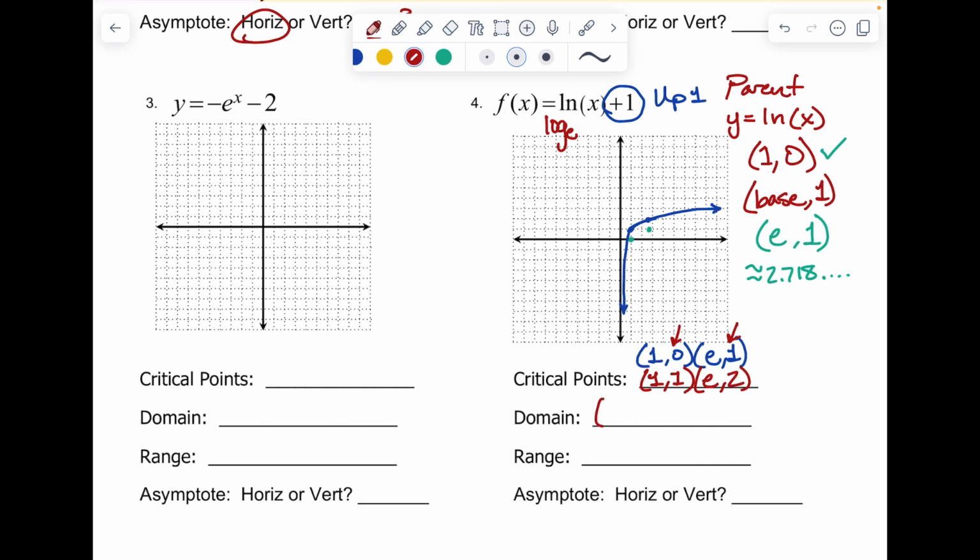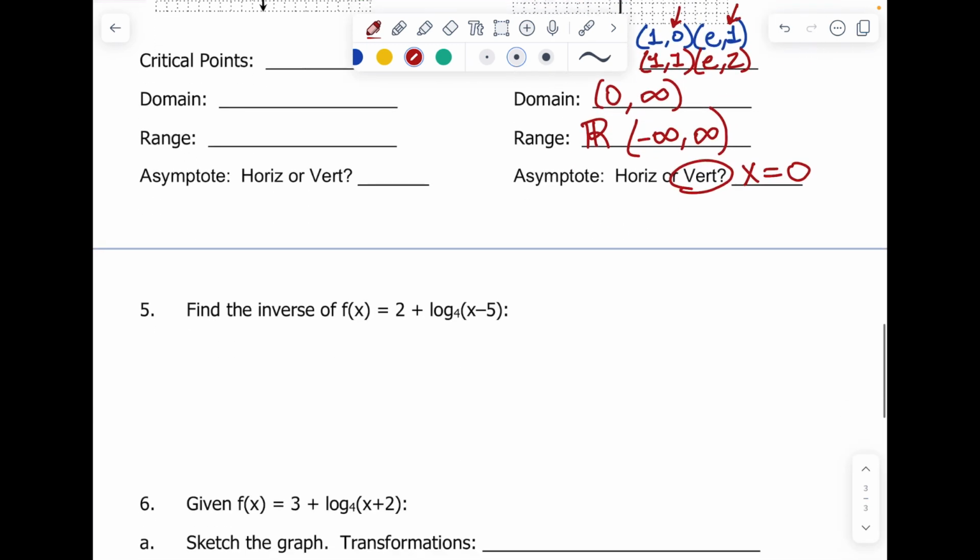Our domain still doesn't touch 0, but it does go right forever. Our range, this graph goes up and down forever, so it'd be negative infinity to infinity. And the asymptote in this case is vertical. It's x equals 0.